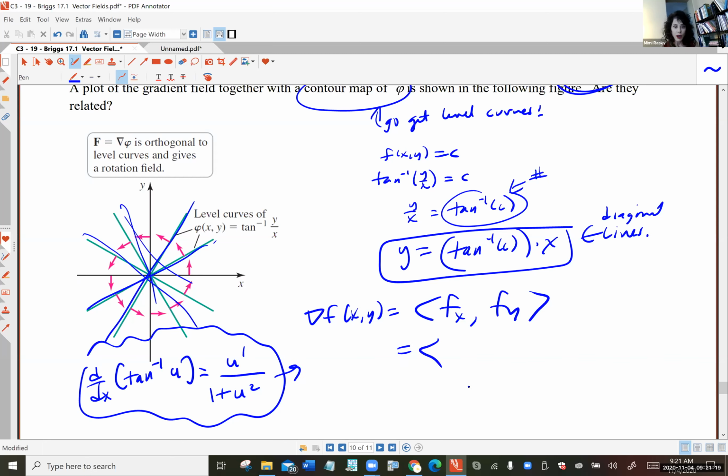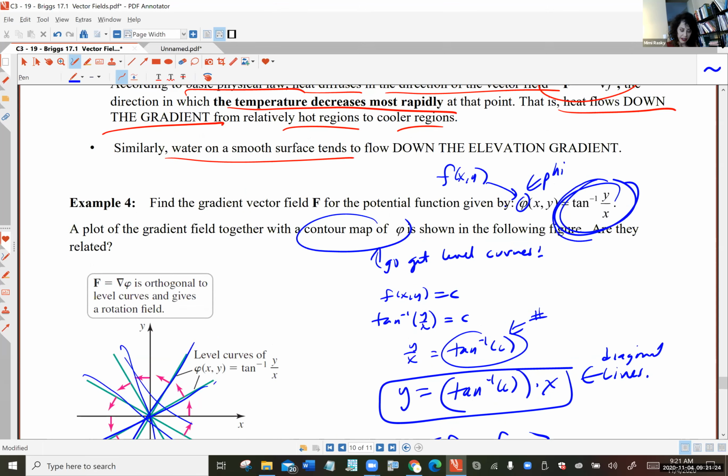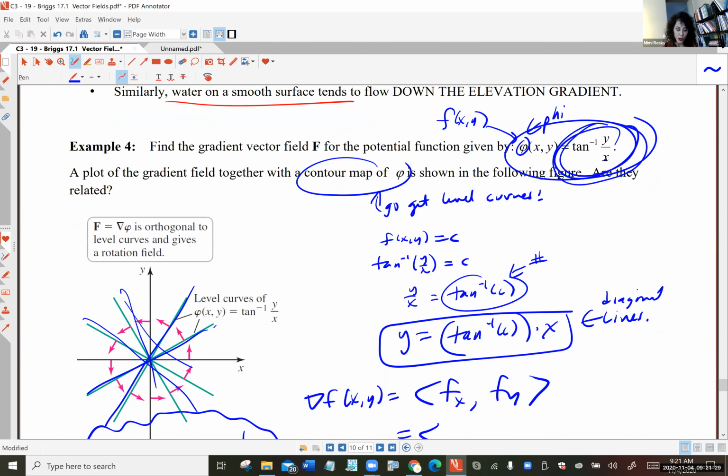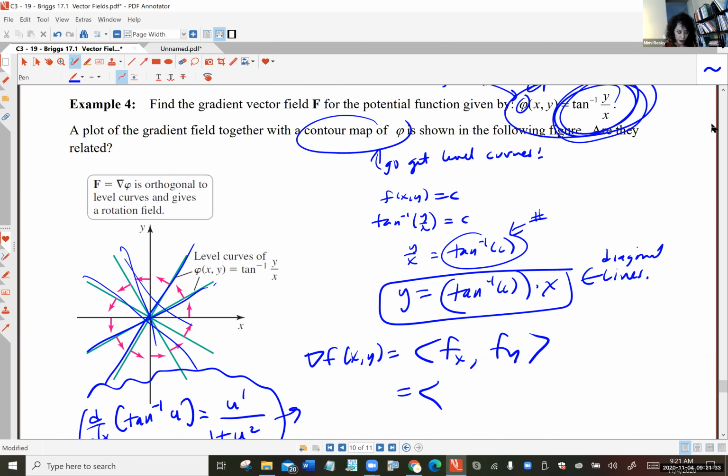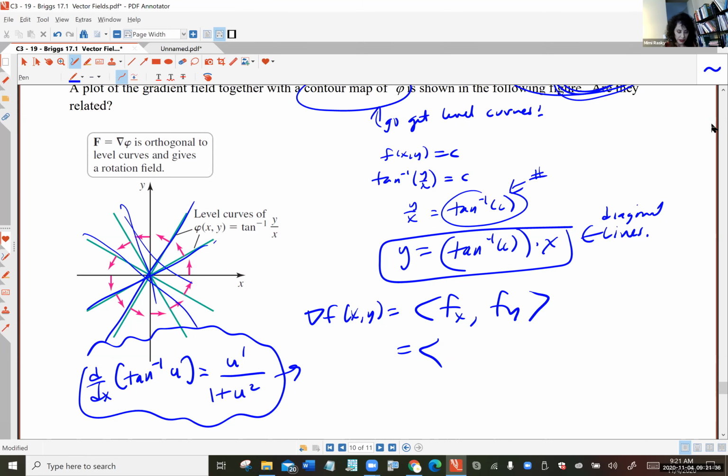All right, shall we? What is the partial of f with respect to x? You're getting the gradient of this scalar function. So the u, if you will, is y over x. So u prime, what is the derivative of y over x with respect to x? Well, the y is just a constant multiple, and I think it's going to be -1 times x to the -2, and then you're going to go 1 plus y over x squared.